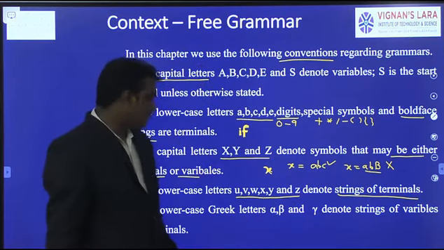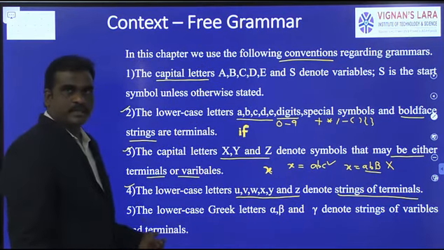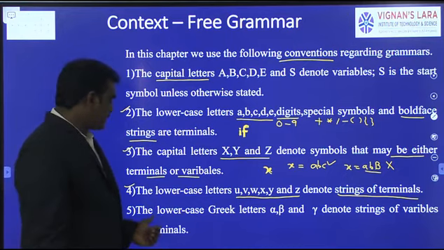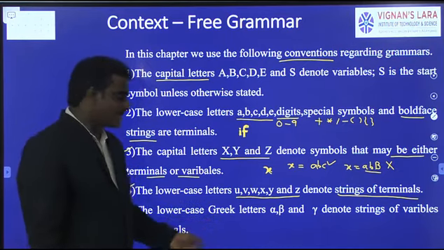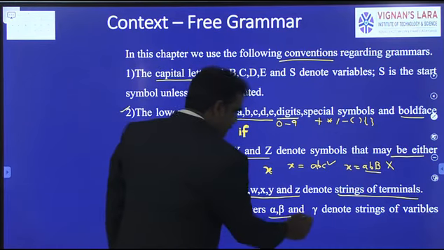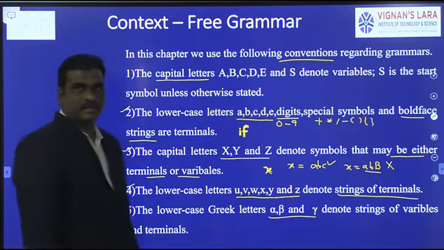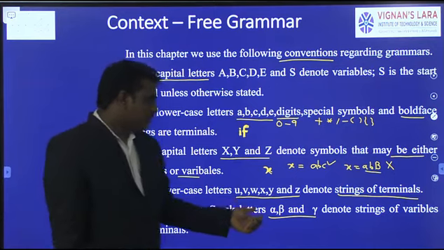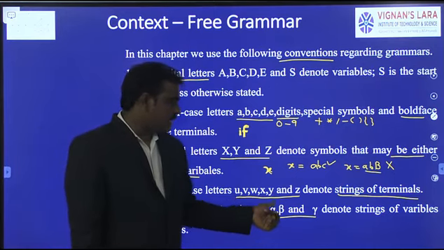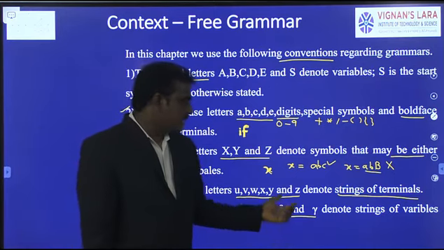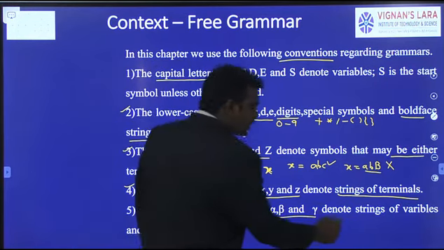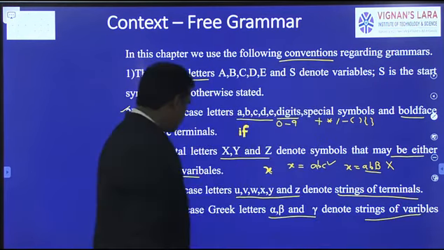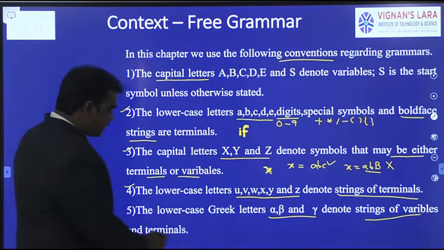And the last important point is that in our grammar, in our definitions, we are using the Greek letters alpha, beta, gamma. If we use the symbols alpha, beta, gamma, the meaning is a string of variables and terminals.